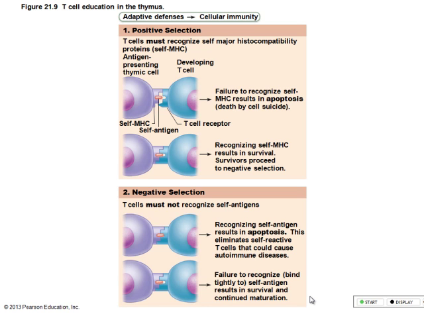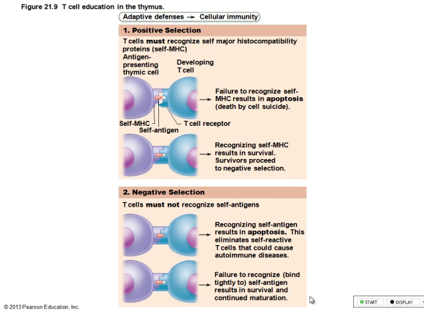as self. So in this diagram, we talk about the actual selection process, and this is on page 776, figure 21.9. This is in the thymus. This is the education of the T cell. And we're going to use these MHCs to help educate the cell as to what self is.